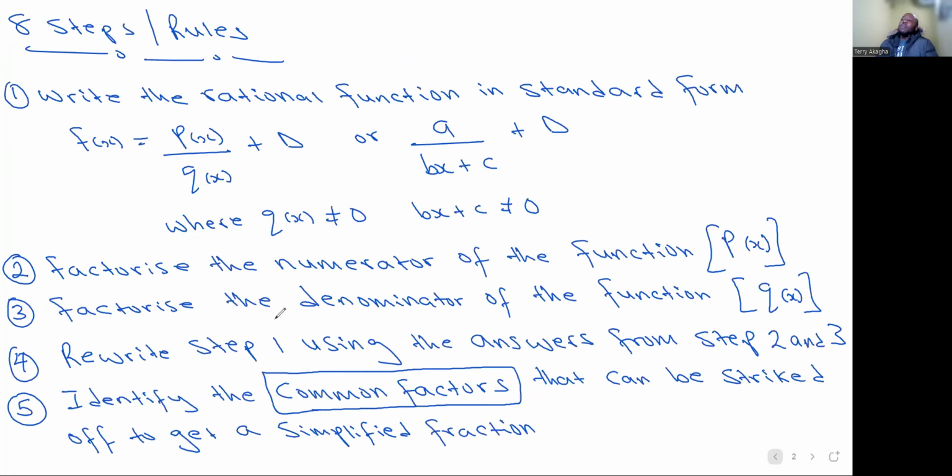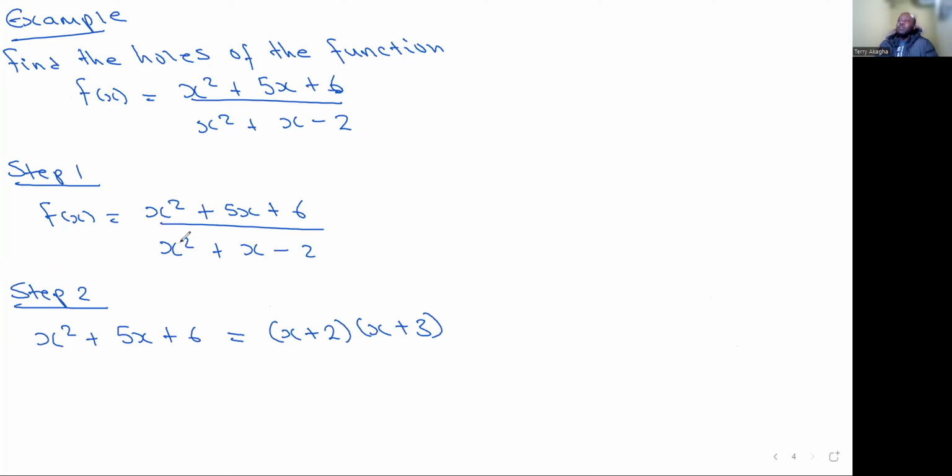All right, let's go to step 3. Step 3 says we need to factorize the denominator of the function. The denominator is x squared plus x minus 2. I'm going to do the same thing and use trinomials when a is equal to 1. You can use any of the methods.